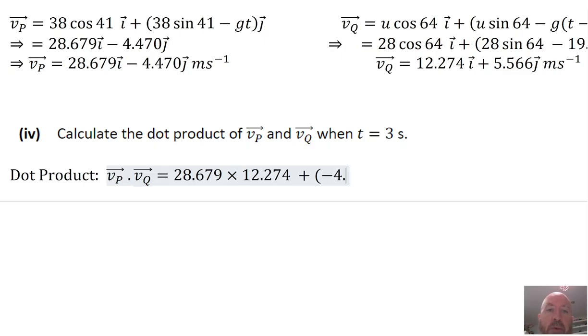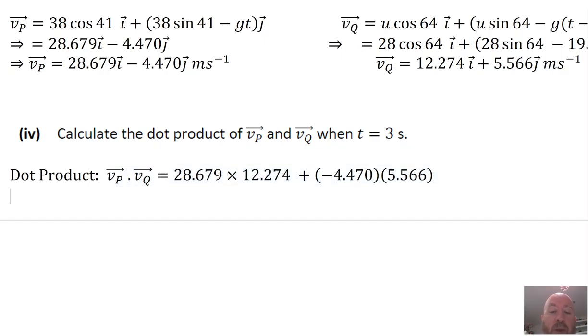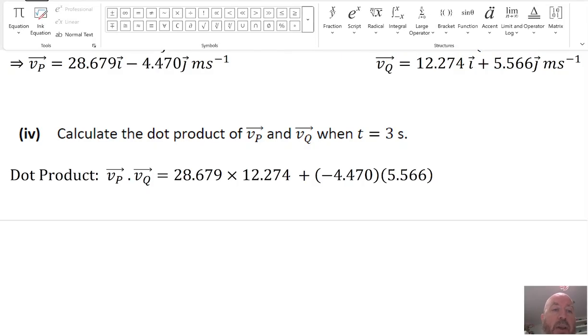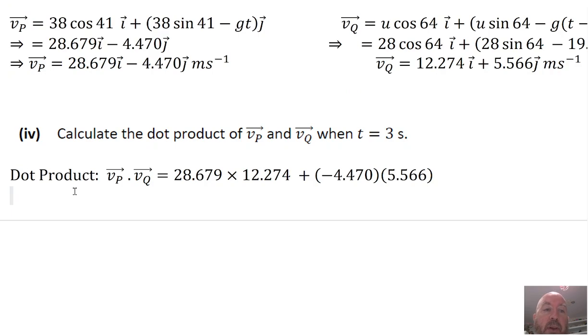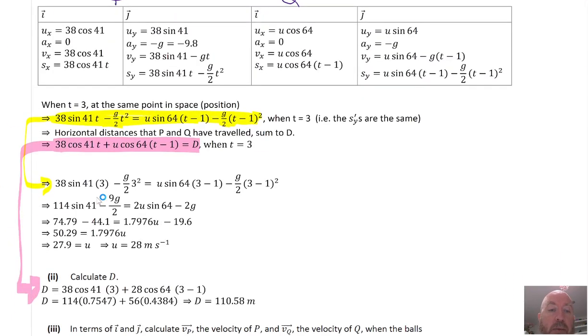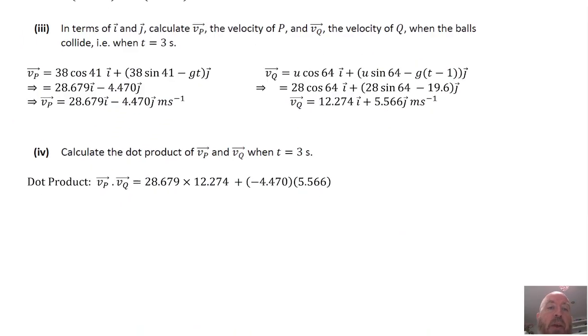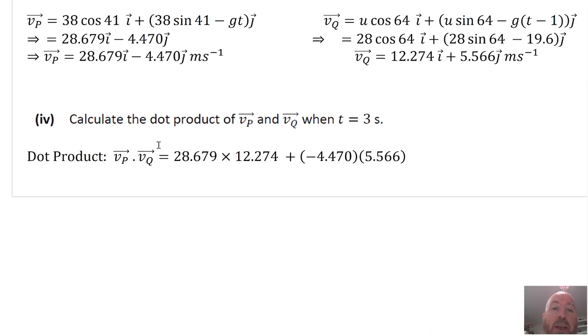So minus 4.470 by 5.566. Why I use brackets and times notation there, I don't know. So what that means is that we can get an answer for the dot product that way. Oh my God, OneNote is really testing today. So that's the I's by the I's plus the J's by the J's.